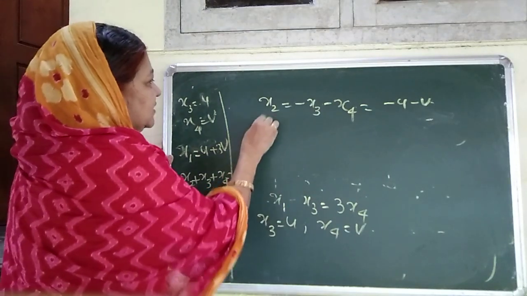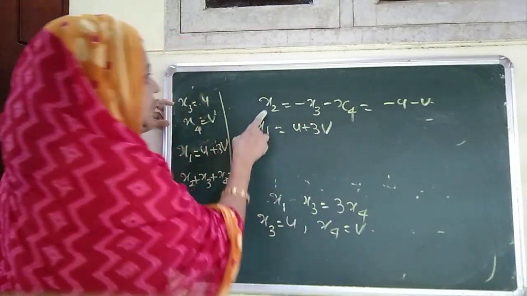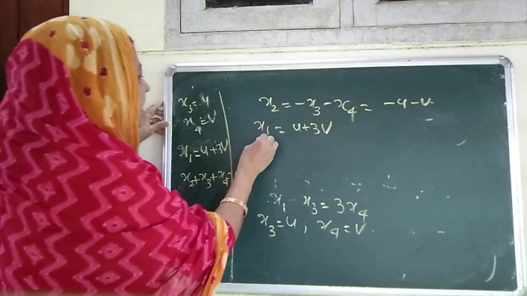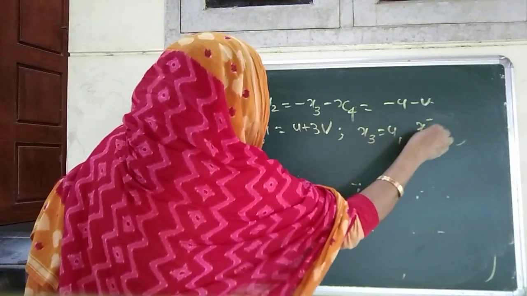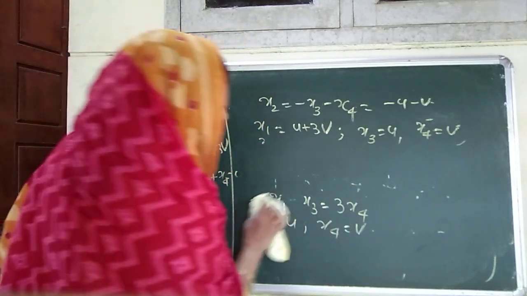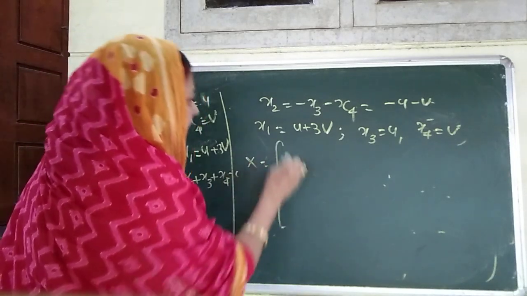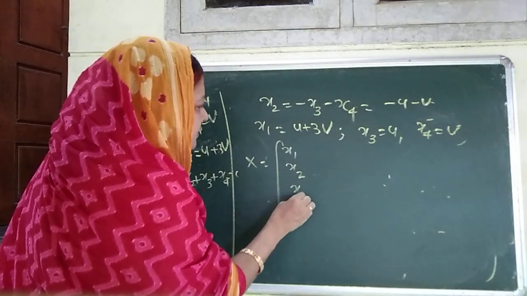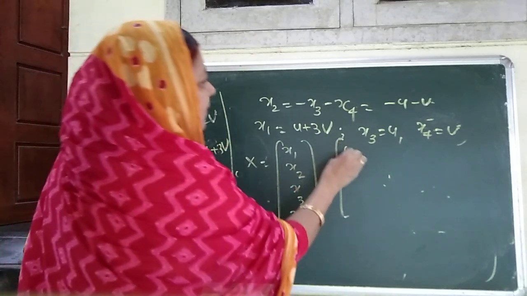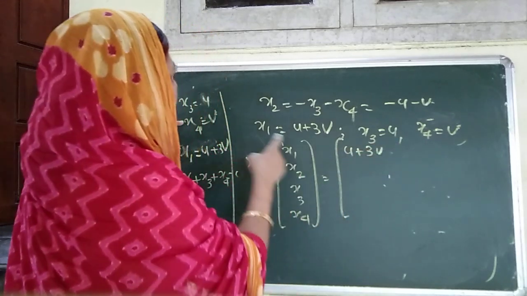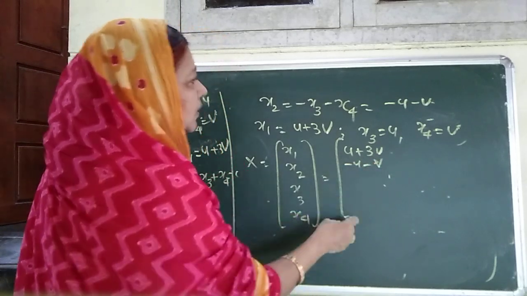Thus we have x1 equal to u plus 3v, x2 equal to minus u minus v, x3 equal to u and x4 equal to v. So what is the complete solution? The solution is x equal to x1, x2, x3, x4, that is equal to u plus 3v, minus u minus v, u, v.